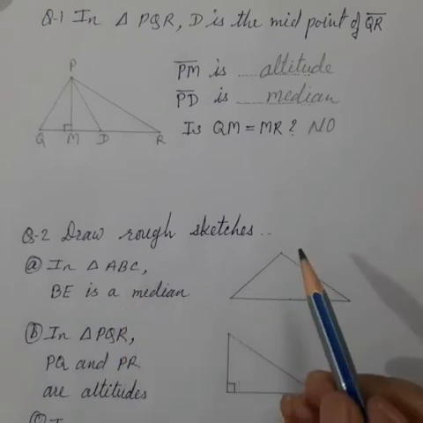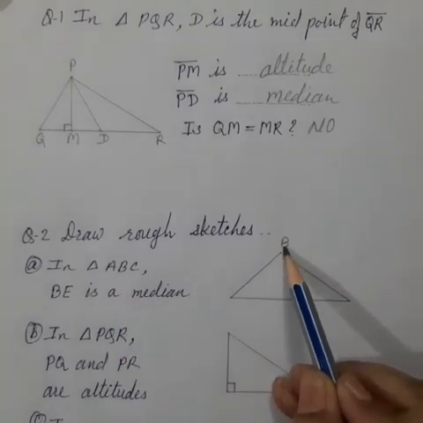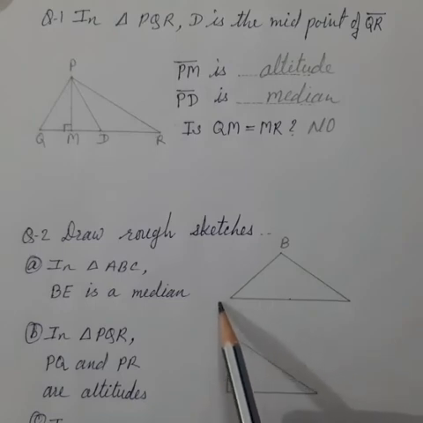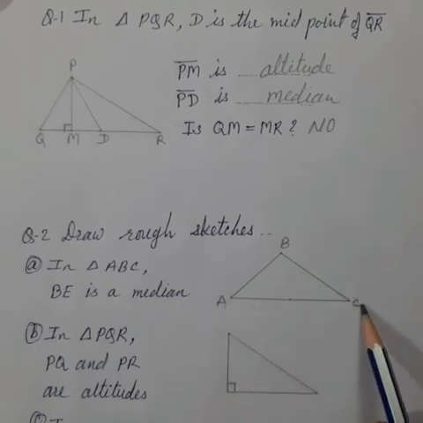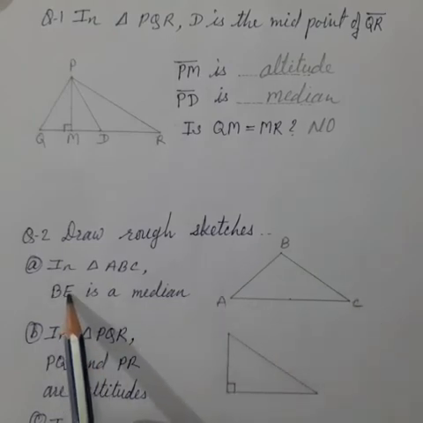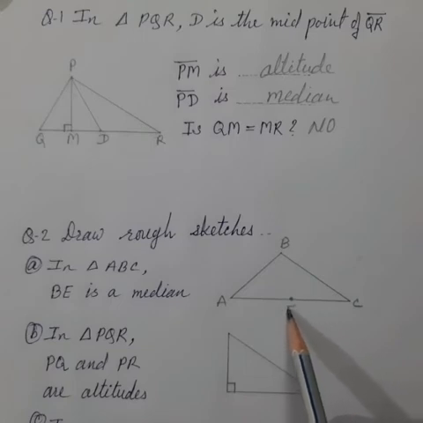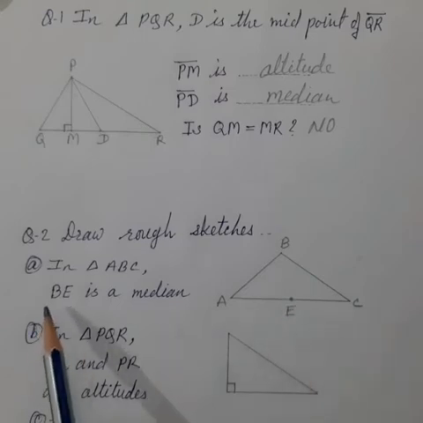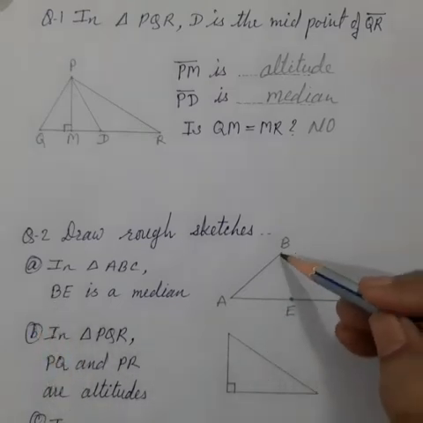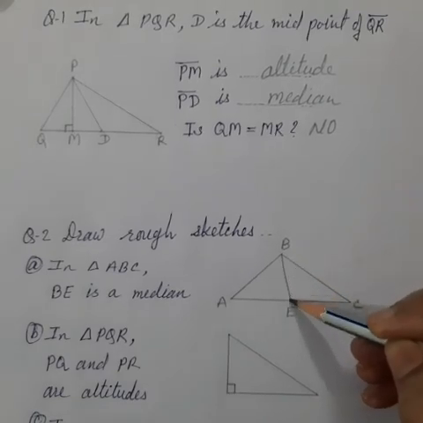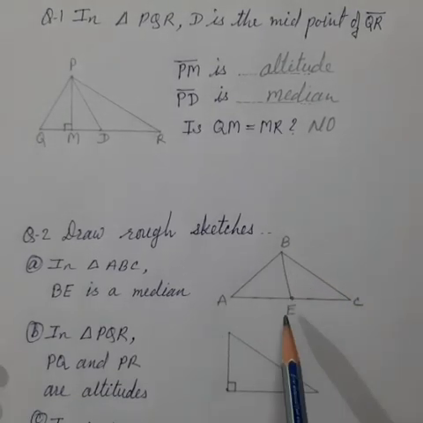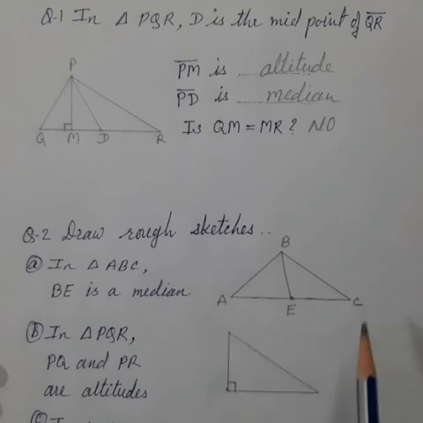So let us take this vertex B and A, and this is C. And E is the midpoint of its opposite side, so find out the midpoint and name it E. And to get the median BE, join B to E. E is the midpoint of AC, so these two parts are equal. AE is equal to EC.